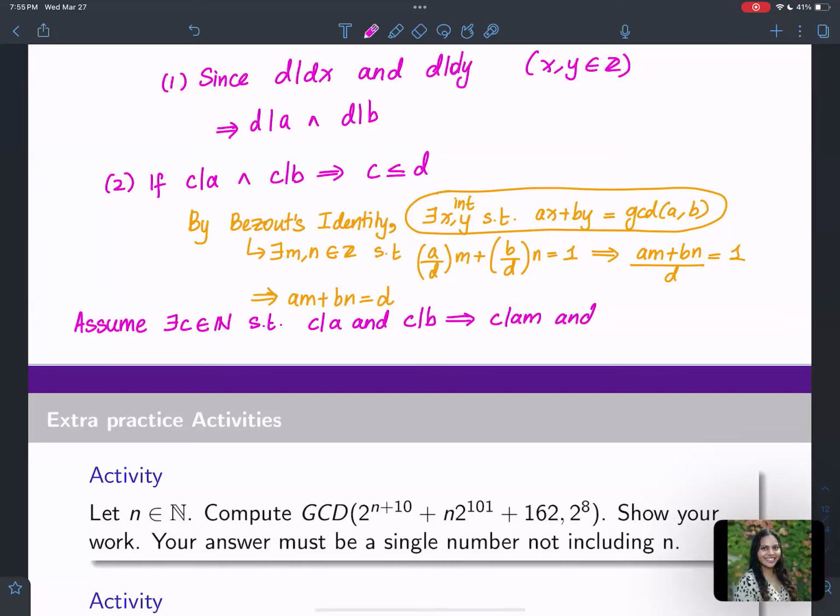And because C divides B, C divides BN. If C divides A, then C divides AM, a simple identity for divisibility. Now, if C divides AM and C divides BN, then C divides AM plus BN, which means C divides D, which means C is less than or equal to D.